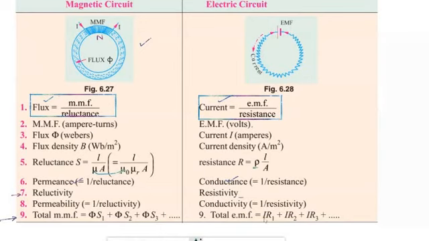In the same way, if you have different elements in an electrical circuit connected in series, then the total voltage drop will be the voltage drop across each individual element. Let's say you have R1, R2, R3 in series. This is how we get the total EMF. In the same way, the total MMF can be obtained. So this is a brief summary of whatever we have discussed so far.